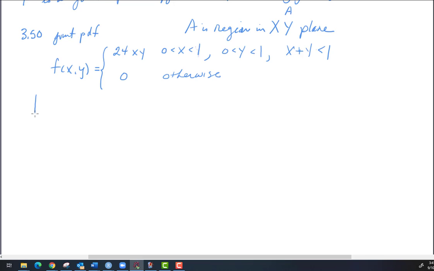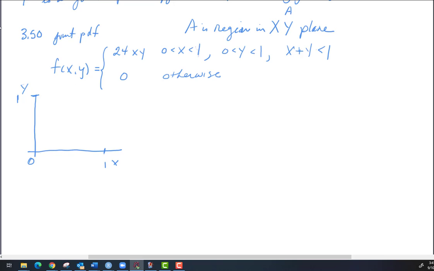Now, I think it's more than likely a good idea to just take a gander at the xy plane and see what those conditions are. So we could let that be an x-axis, and this can be a y-axis, and this of course would be 0, and it would run out to 1 there, and up to 1 there. So these are conditions on x and y. Y has to be between 0 and 1, and x has to be between 0 and 1. But that's not the only condition. There's also another condition that x plus y has got to be less than 1.